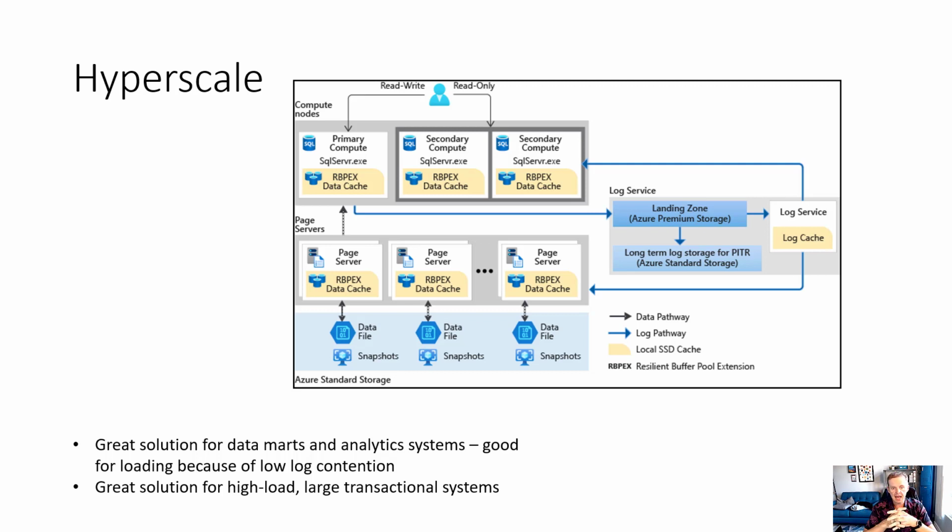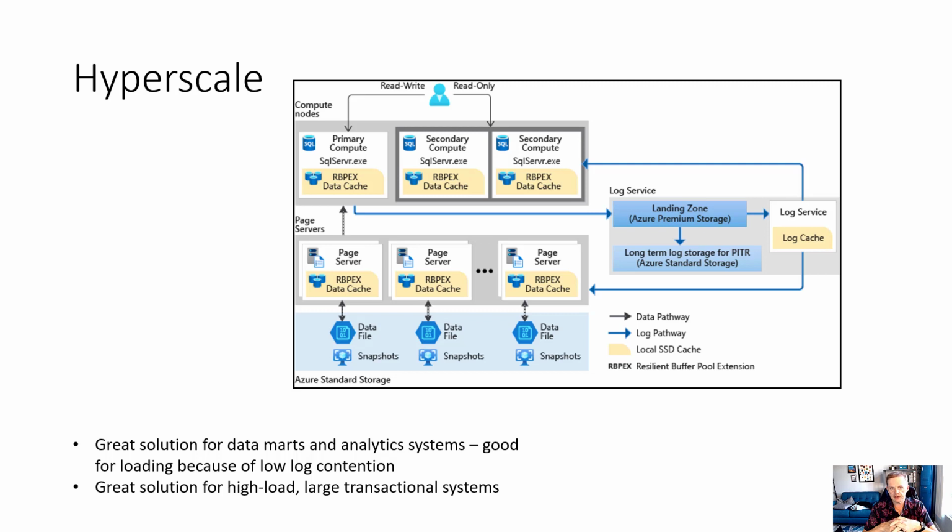Somehow they have these local SSD caches that they put around it that makes the reads super, super quick. And then they also divided up the log so that it's not just a single log file, and instead it's a log service hosted on Azure Premium Storage.